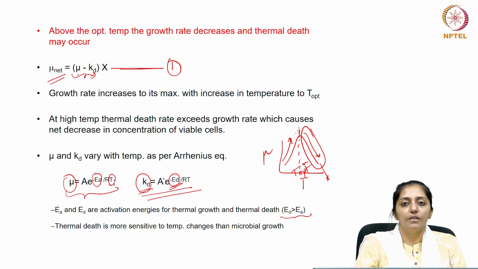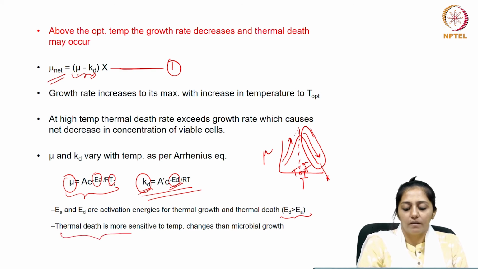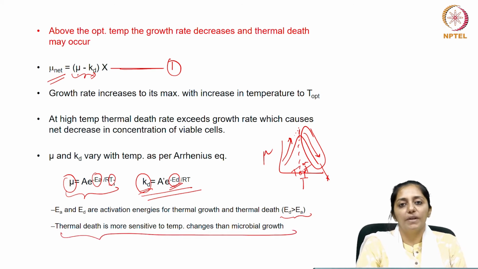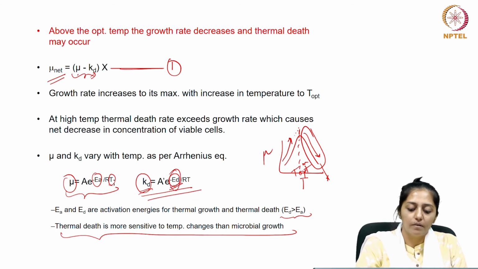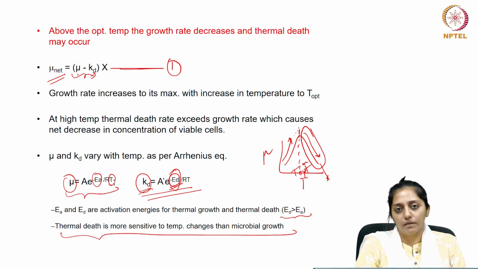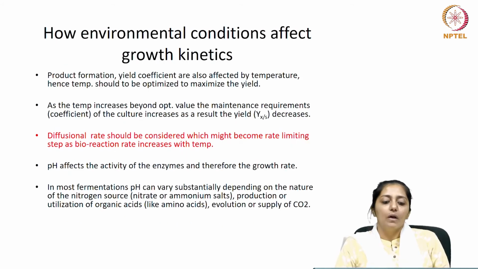So the activation energy for thermal death is much higher than the activation energy required for growth. So thermal death is more sensitive to temperature changes than microbial growth because of this increased factor, Ed.